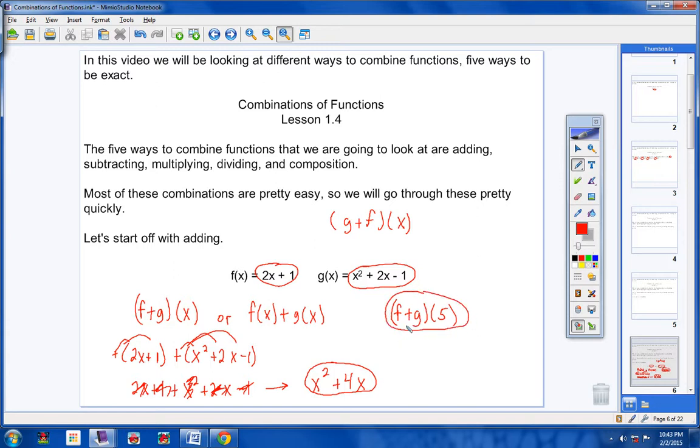Well, you first add your two functions together, and we did that, and we got that right there. And then, everywhere there's an x, you put a 5. So we would have 5 for this x right here, squared, and then plus 4 times 5 for this x here. Well, that would be 25 plus 20, which would be 45. Okay? Alright, let's continue on.